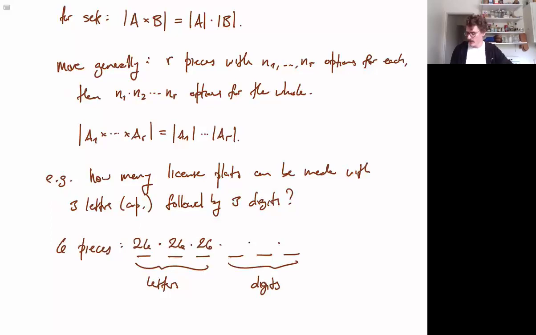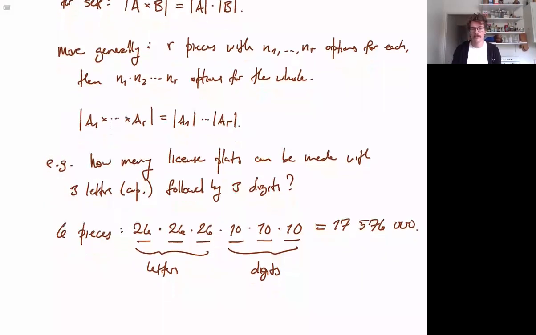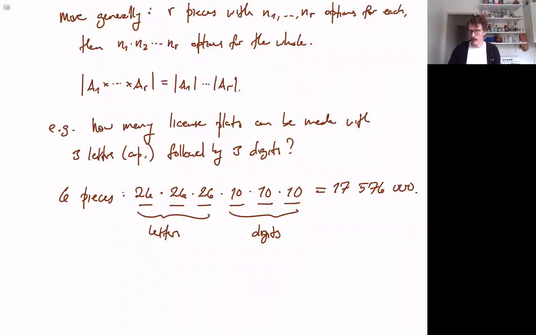And how many choices do we have for a digit? We have 10 choices because it's 0 through 9. So we put 10 in each of these slots, and then we just multiply them all together. And for this, you might want a calculator. It is 17,576,000. So that is a very basic example of the product rule.